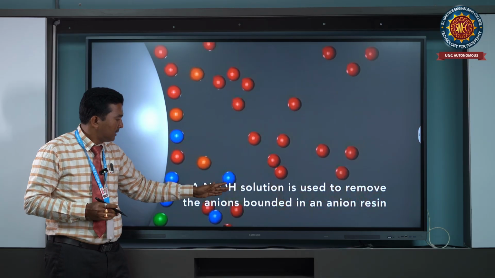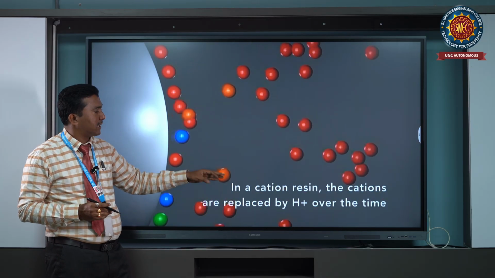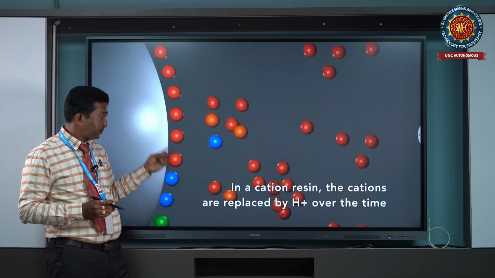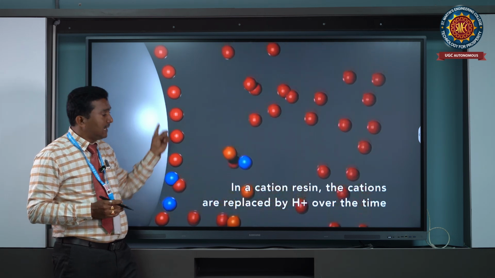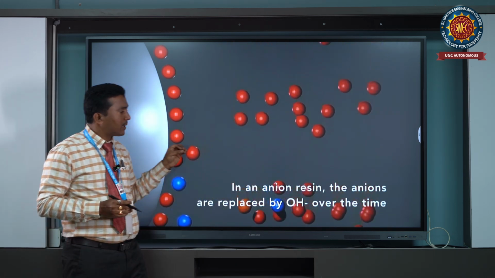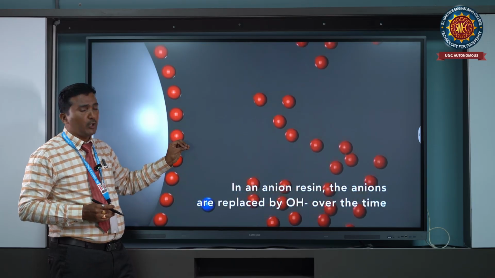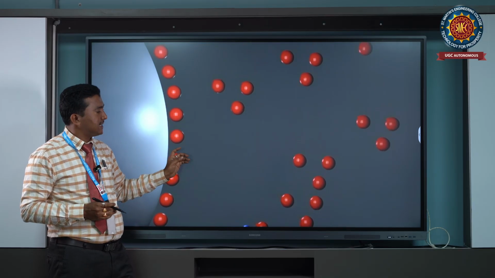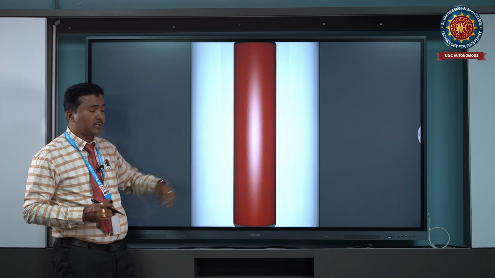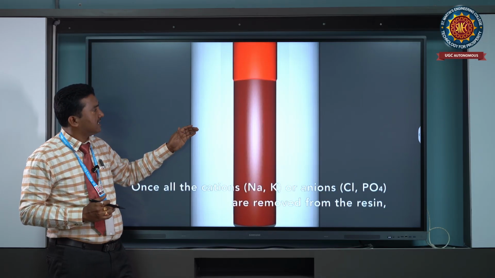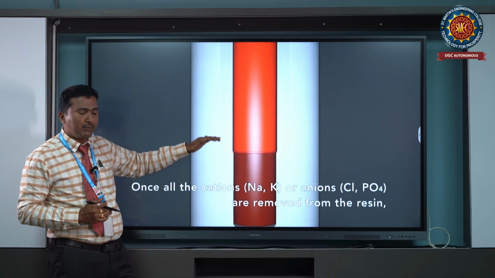Similarly, NaOH is added to the anion exchange reagent, which is then regenerated. So after overloading of H plus or OH minus ions in the anion and cation exchange reagents, they are regenerated and continuously activated.